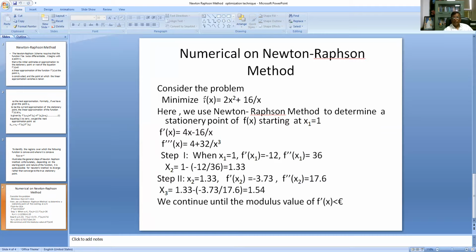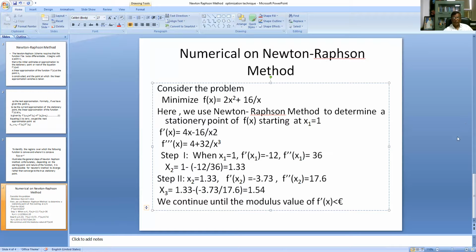Here f(x) is equal to 2x square plus 16 upon x, and we are differentiating this, then x square will give 2x, and 2x into 2 means 4x, and this 16 upon x will give minus 16 upon x square. One minute, this will be x square. So please correct this in the writing.